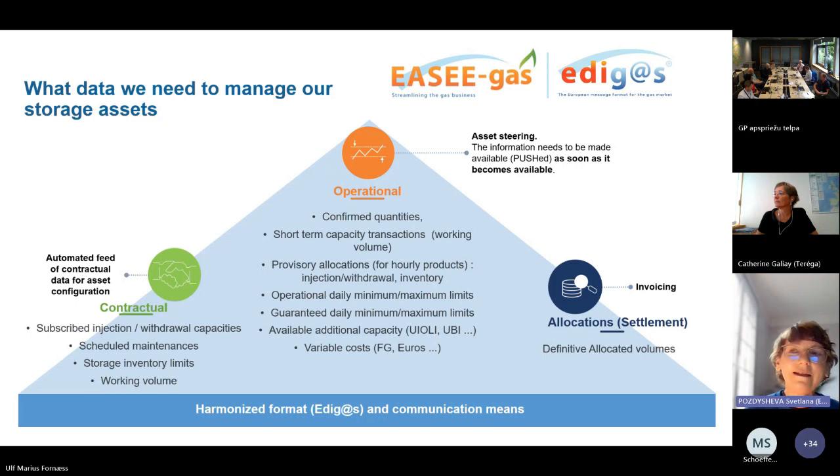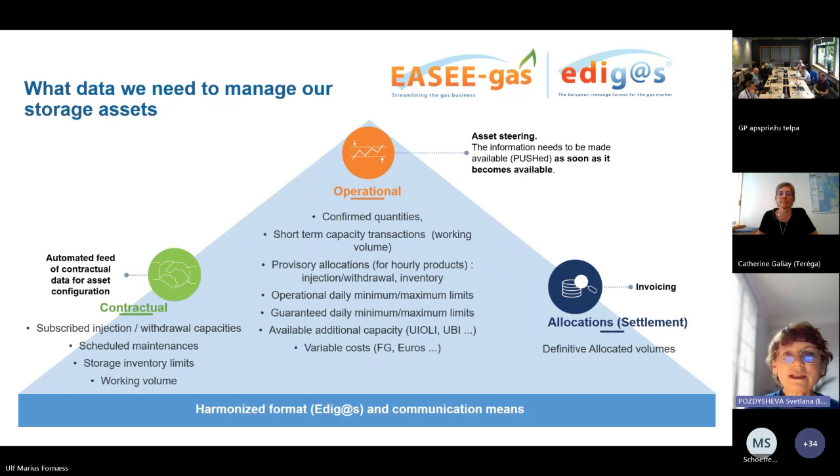That means we need data pushed to us as soon as it becomes available to the storage operator. These data can be something basic like confirmed quantities, or short-term capacity transactions, which impact working volume, for instance. It can be provisional allocations for hourly products, injection, withdrawals, inventory. It can be operational daily limits, if they are provided by the storage operator and are relevant to the storage product.